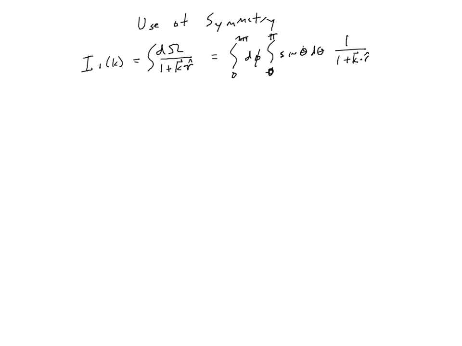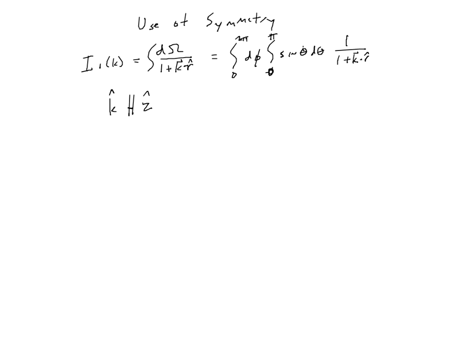Now there are a few things you can do to make this integral go better. Number one is that since you created the problem, you can choose how things are oriented. You can choose your k so that it's pointed right along the z-axis, so k hat is parallel to z hat.